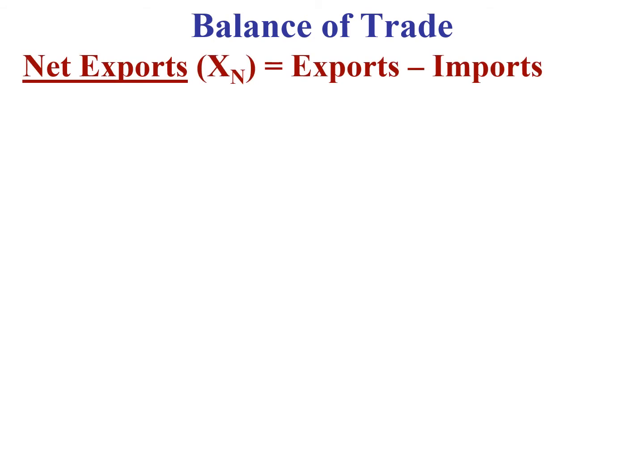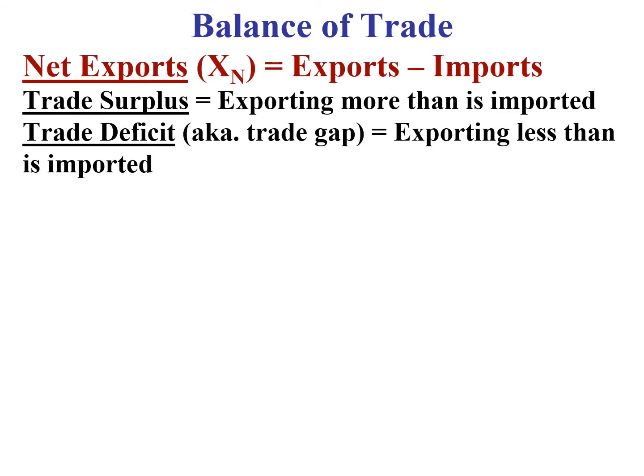Balance of trade and international trade was covered in detail in another video. We will quickly review this important idea. If the United States exports $1 trillion worth of goods and services in a given year, and at the same time imports $1 trillion worth of goods and services, the United States would ultimately have a balance of trade.